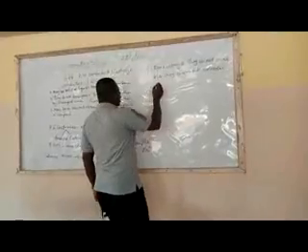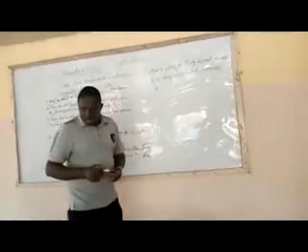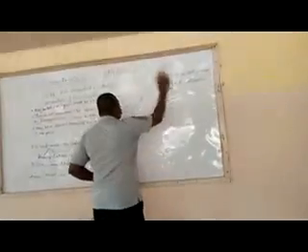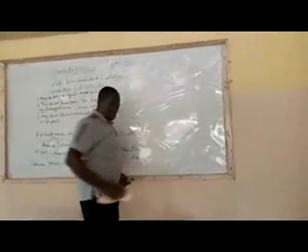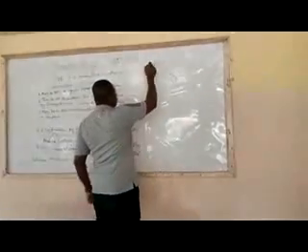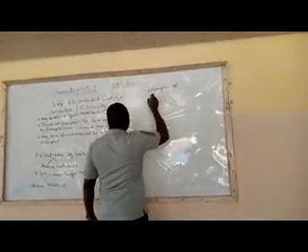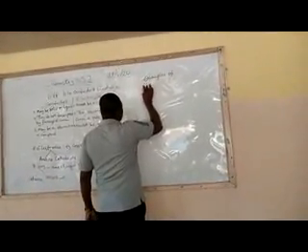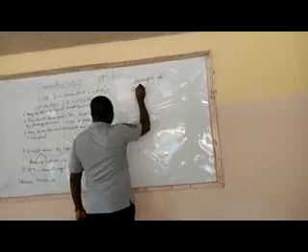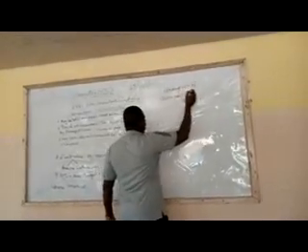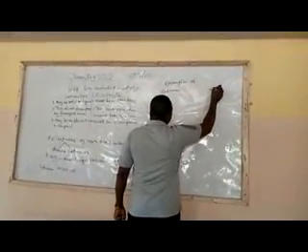We are going to see examples of ions, anions and cations as we go on. Let me say cations first.